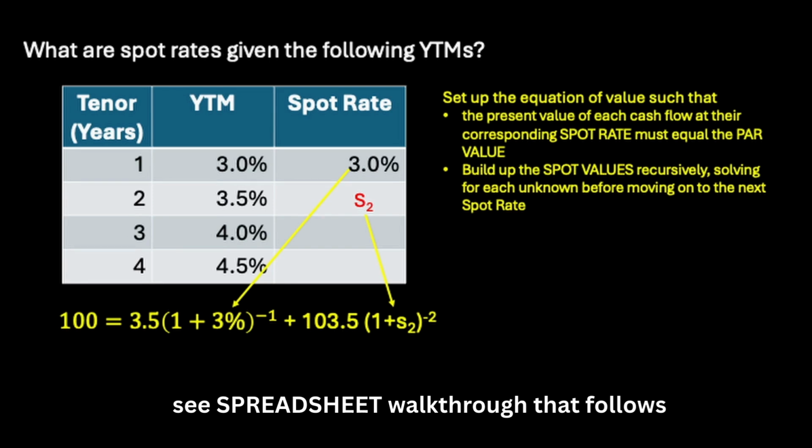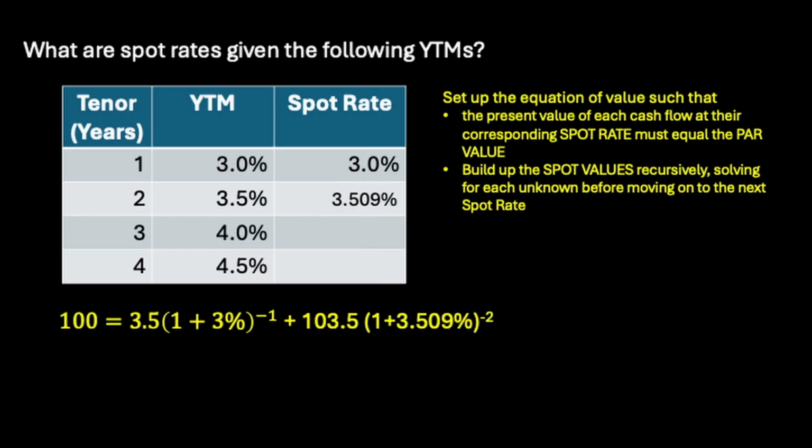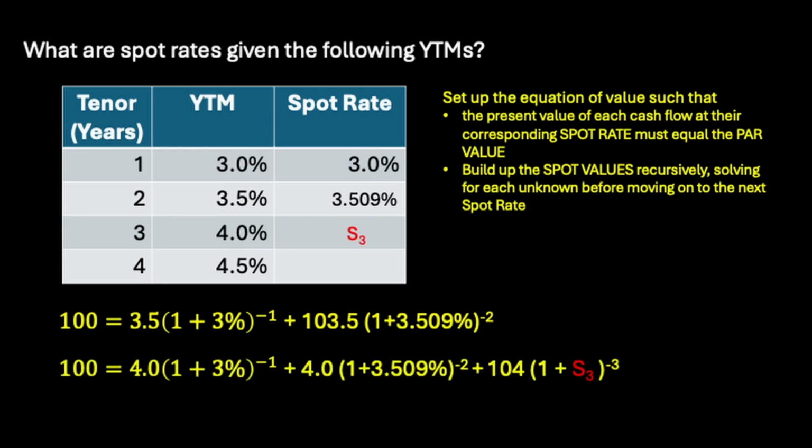We don't even need to provide an initial seed at this point, and what we call S2 here is simply left blank, but becomes the cell that Excel will change to compute the present value. Excel finally computes the 2-year spot rate at 3.509%, which we promptly use to set the next equation and solve for S3, using the same process as before.